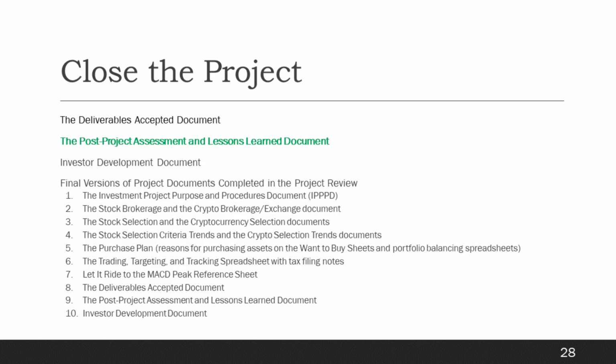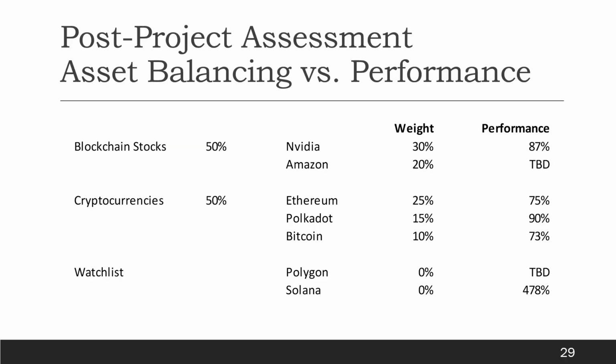I would like to assess how the assets were balanced in the BS&C investment segment, including watch list items, and how that balancing of each item compared to their price appreciation percentages. Here are the results.